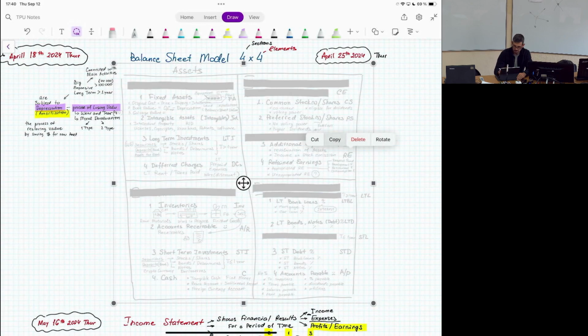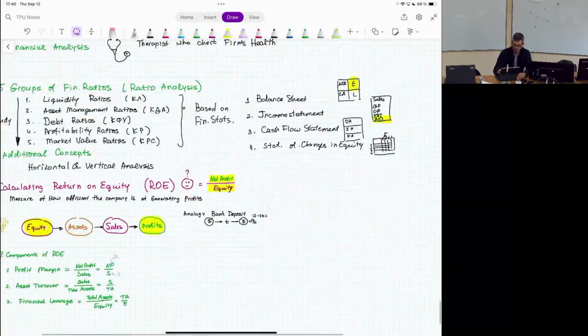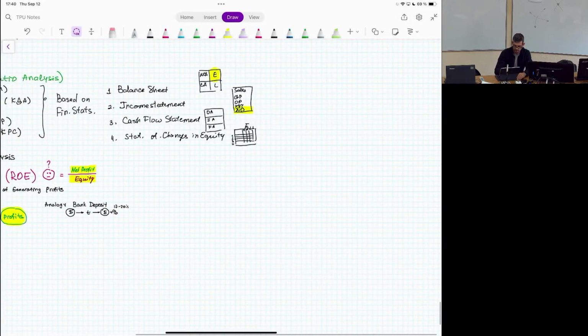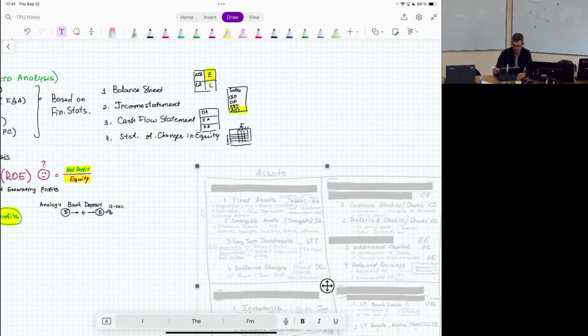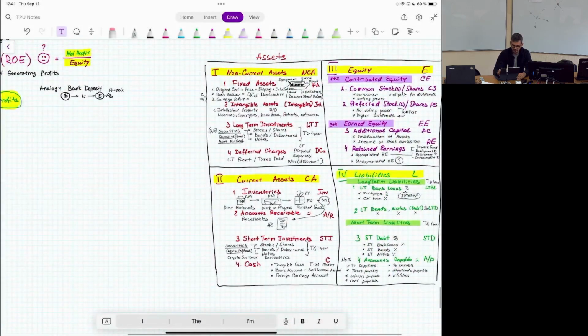I will copy it, and so that I don't have to run back and forth, I will make a copy of it for us somewhere here. Let's paste it. So now we have the balance sheet, and I will give you the numbers for the balance sheet that we will use for our purposes. Okay, so let's work with the numbers.